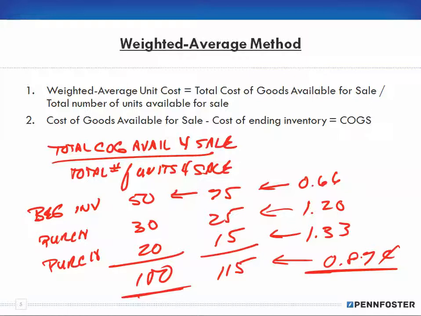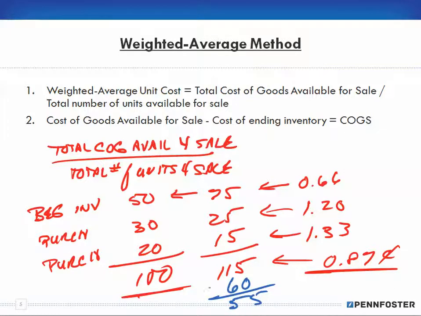So now when I go to do a physical inventory, let's say I don't have 115 in those bins anymore. Now let's say I have only 60. I'm just picking a number here. That means I sold 55, right?